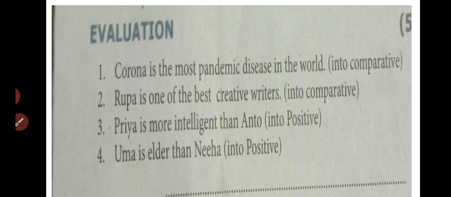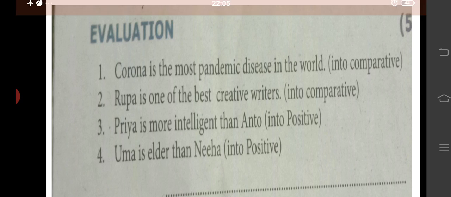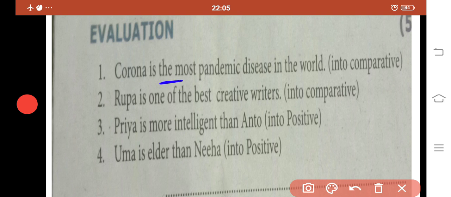Here we have an evaluation. Corona is the most pandemic disease in the world. We need to change it into comparative form. First we have to find what position this sentence is in. Corona is the most pandemic. Here the word the shows it is a superlative form. So the most pandemic disease in the world is in the NAT form.